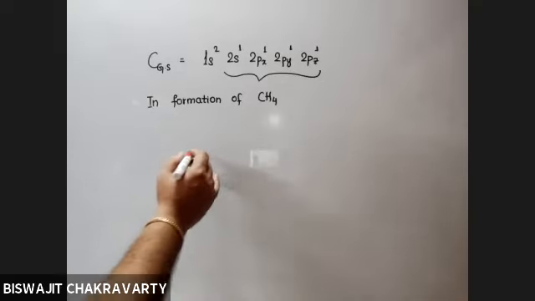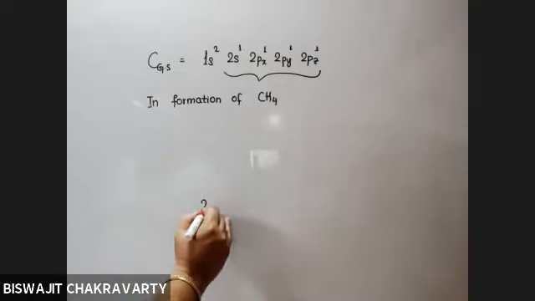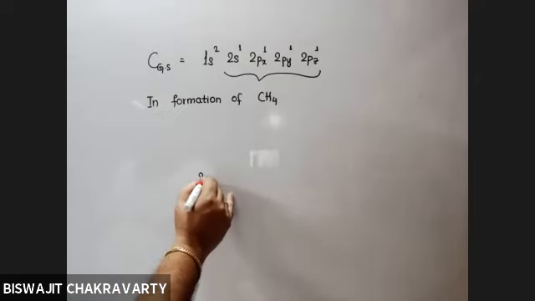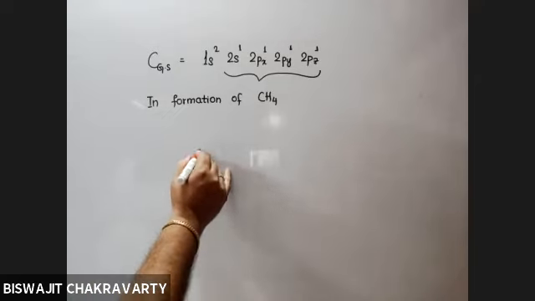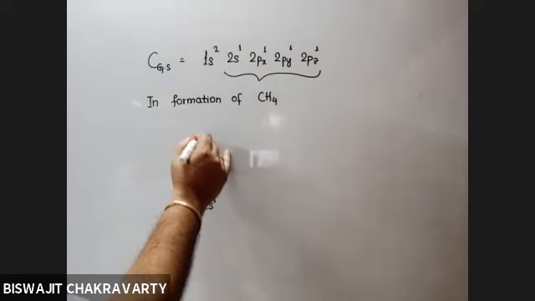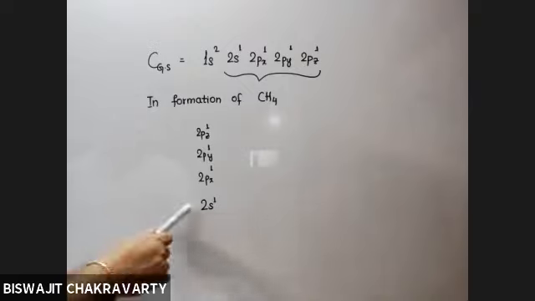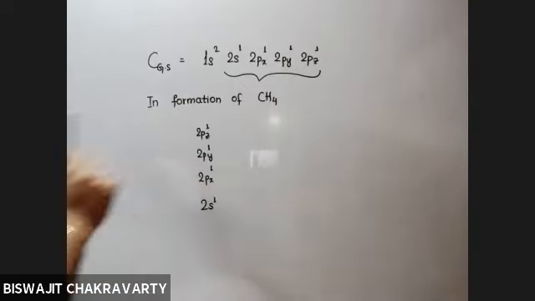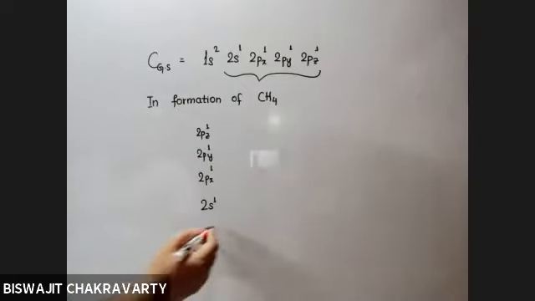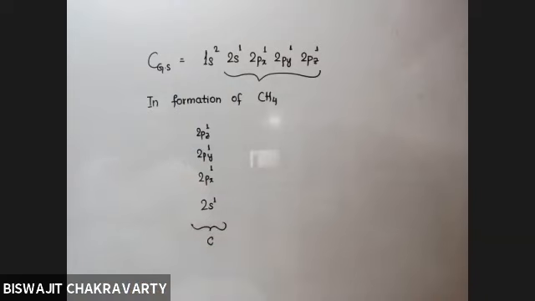Now, if this is the valence shell electronic configuration of carbon, listen very carefully. It's a very important concept. So 2s1, 2px1, 2py1, 2pz1. So this is the configuration of carbon.